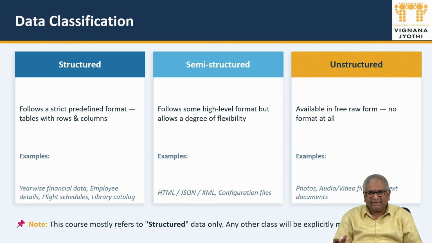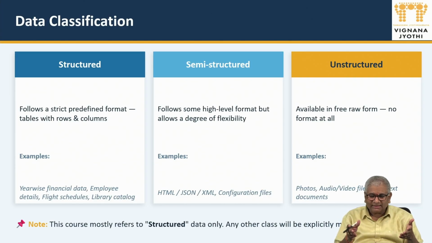Now let's go to the second classification, which is semi-structured data. Semi-structured data, unlike structured data, has some structure, but it is not so rigid. If you look at examples like HTML files, JSON files, XML files, configuration files, these all come under semi-structured data.